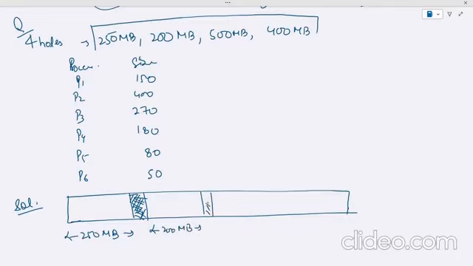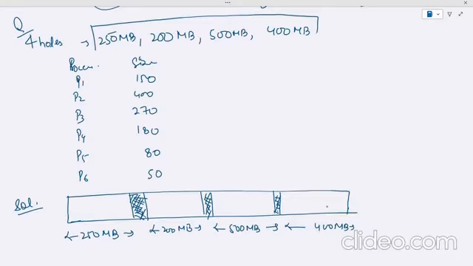Then again an already filled block. Then we have this part of 500 MB and this part of 400 MB. So we have these four parts.